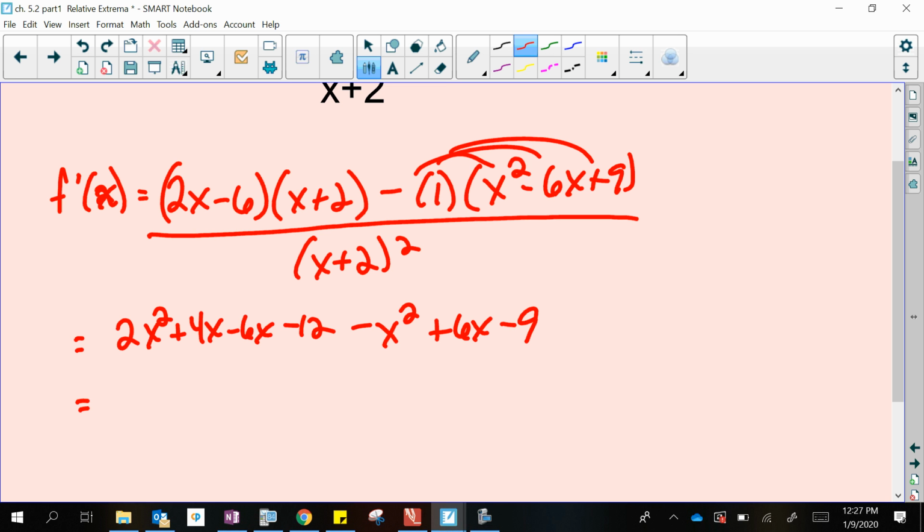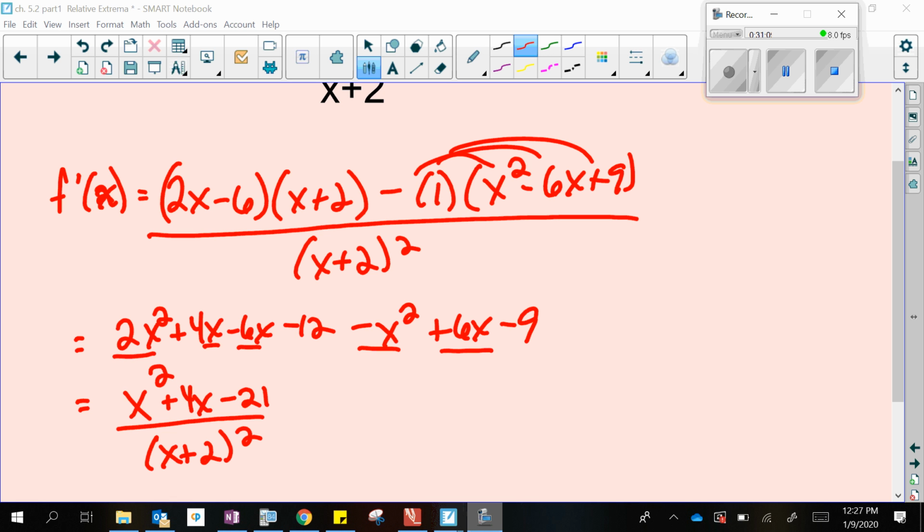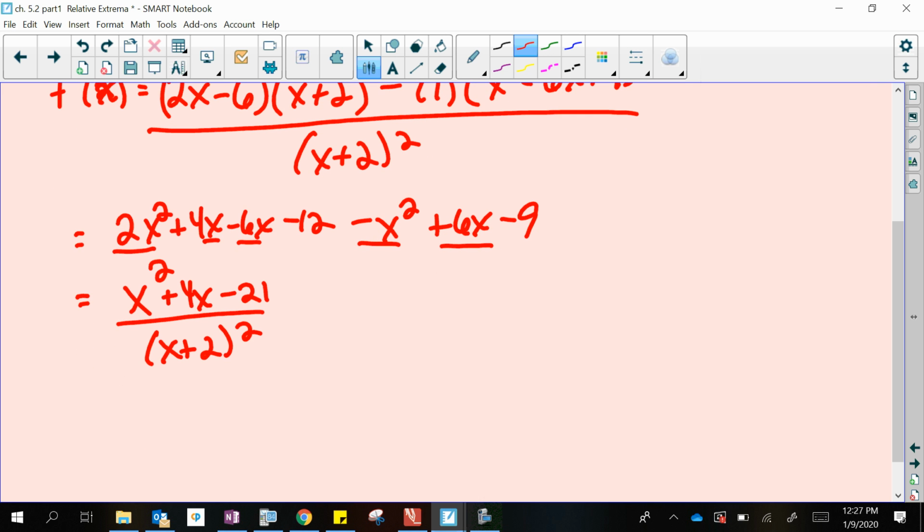Then when I combine like terms, I get 2x squared minus x squared gives me 1x squared. Negative 6x plus 6x cancel out, so we get plus 4x, and then minus 21 over x plus 2 squared. This problem actually turns out to be not too bad. Okay, everybody good with that?